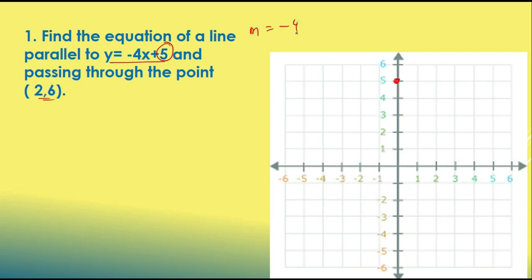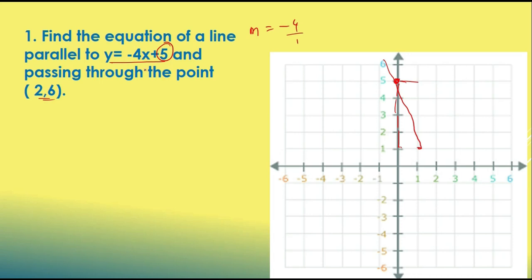M is minus 4, which is a fall, isn't it? The y is decreasing. For 1 unit change in x, 4 unit fall in y. 1, 2, 3, 4. So maybe meeting here, and it's going downwards this way.